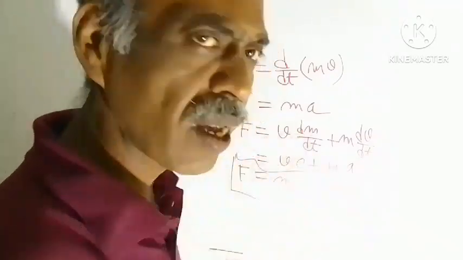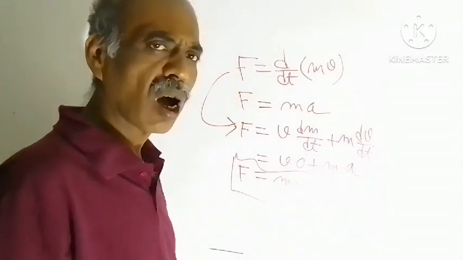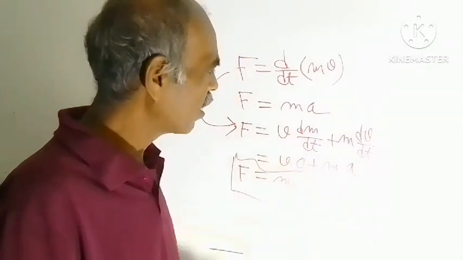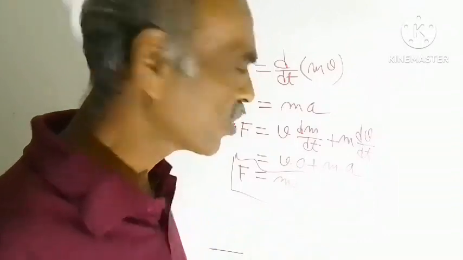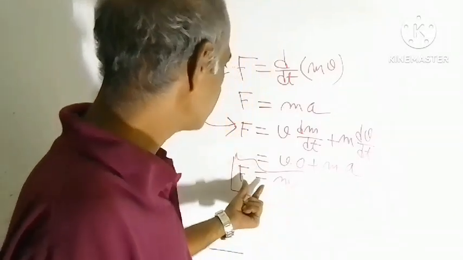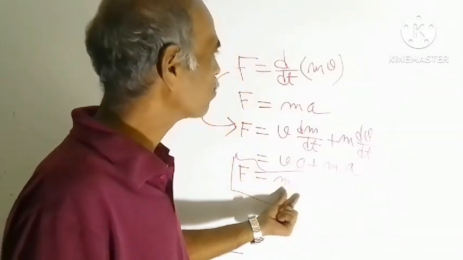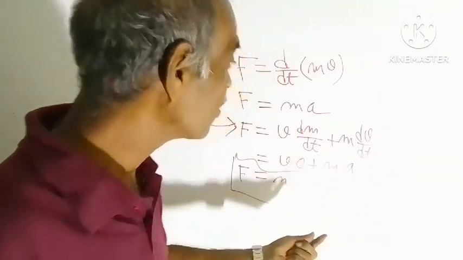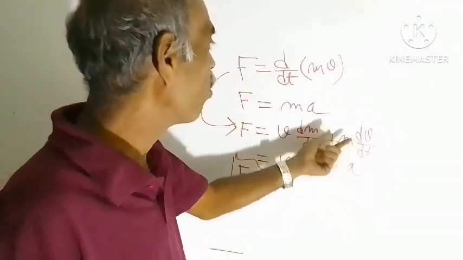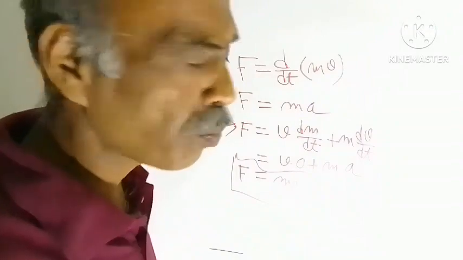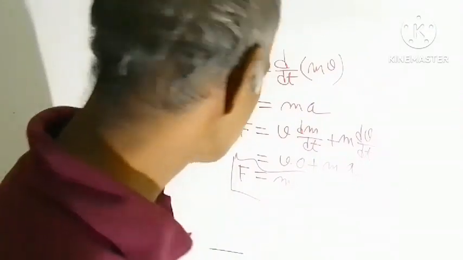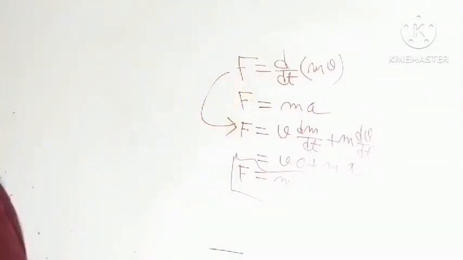If mass does not change with time, then we can easily write F is equal to ma. But if mass changes, then we need to write d/dt of mv, this way.